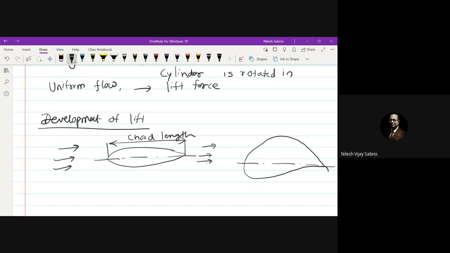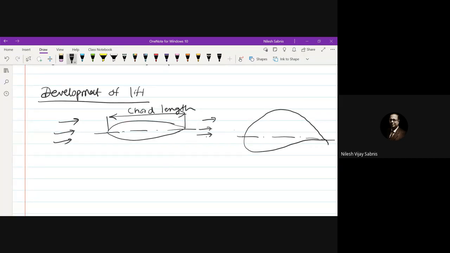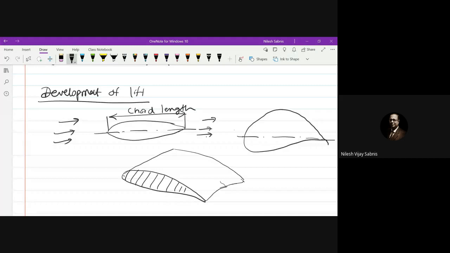If we consider the 3D diagram, suppose this is a symmetrical aerofoil in 3D shape, and it is making some angle with the horizontal, that angle is alpha, called the angle of attack.